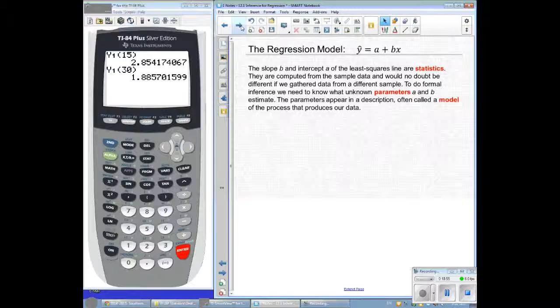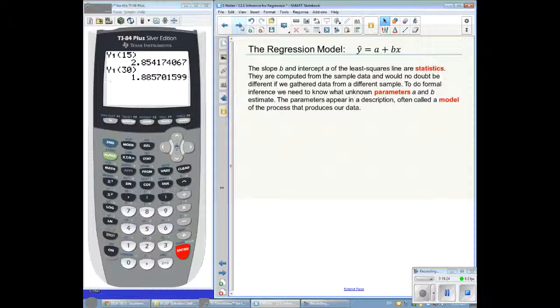All right, the regression model. You guys are familiar with our y hat is equal to a plus bx. So just remember, in all of these notes, b is referring to our slope. So don't get the a and the b confused. So the slope b and intercept a of a least squares regression line are considered statistics because we calculate the regression equation from data from a sample.